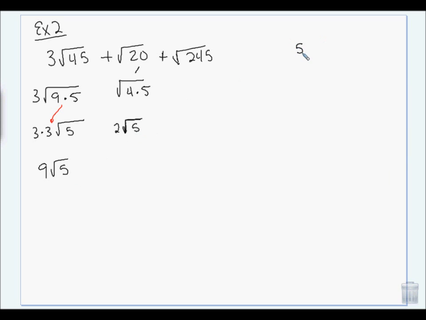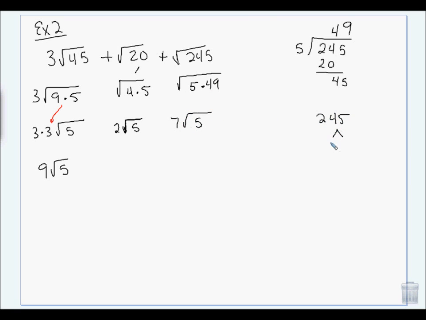So I can use that knowledge and find out that 245 is 5 times 49, and then 49 is a perfect square. Or if I don't think of that, I can start here and get to the same place.